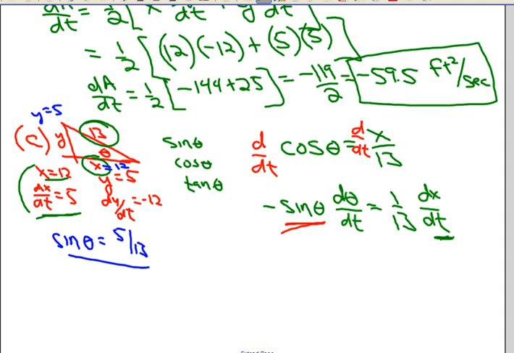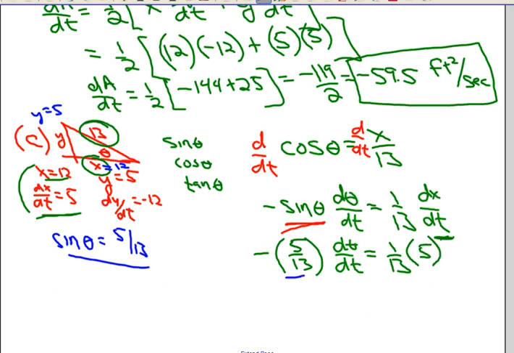So I've got a negative. The sine of theta is 5/13. d theta/dt is what I happen to be looking for. Here I've got a 1/13, and dx/dt is also 5. So I note the left side, the right side are the same thing. I'll divide, and I'll get d theta/dt equals a -1.